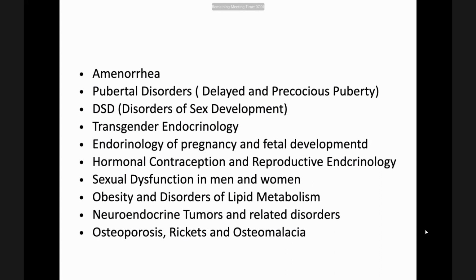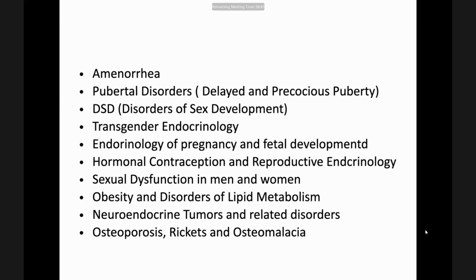Transgender, endocrinology of pregnancy and fetal development, hormonal contraception and reproductive endocrinology, sexual dysfunction in men and women, obesity and disorders of lipid metabolism, neuroendocrine tumor and related disorders, osteoporosis, rickets, and osteomalacia. These all are the topics that are encompassed within endocrinology.